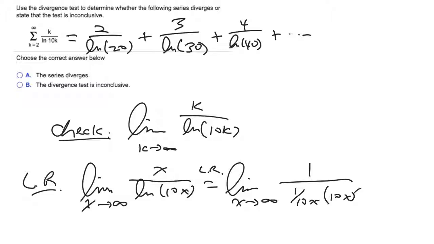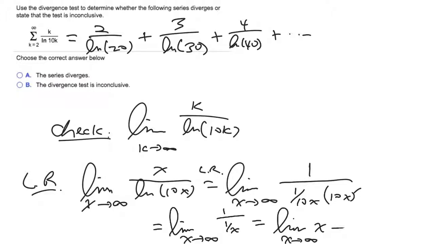And so if you resolve those fractions, I'll have the limit as x goes to infinity of 1 over, I have 1 over 10x times 10, so that's 1 over x, which is the limit as x goes to infinity of x.